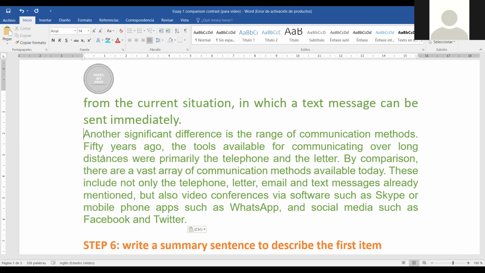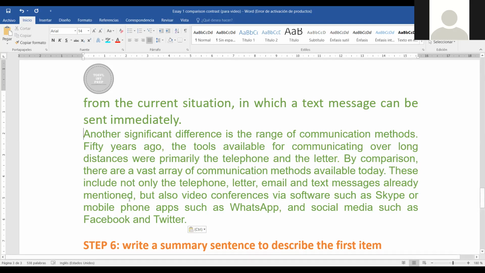Another significant difference is the range of communication methods. 50 years ago, the tools available for communicating over long distances were primarily the telephone and the letter. By comparison, there is a vast array of communication methods available today. This includes not only the telephone, letter, email, and text messages already mentioned, but also video conferences via software such as Skype, mobile phone apps such as WhatsApp, and social media such as Facebook and Twitter.